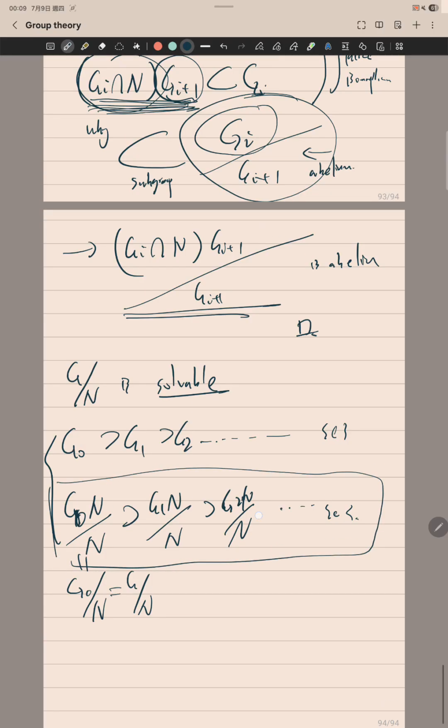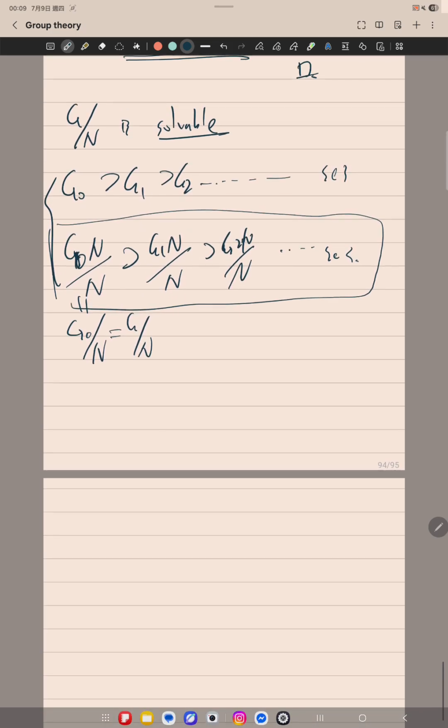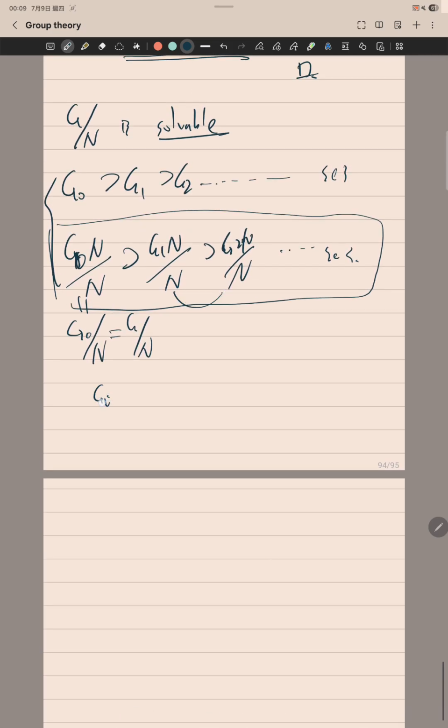Now I want to say that this quotient, G_iN quotient N, quotient G_{i+1}N quotient N, by the third isomorphism theorem, is the same as G_iN quotient G_{i+1}N, which is abelian.